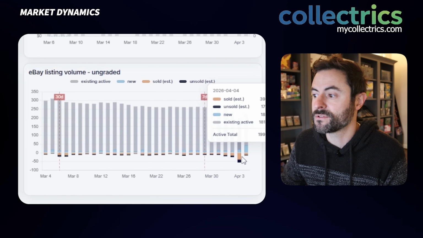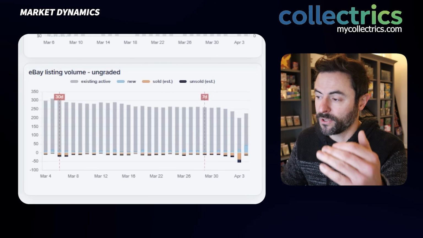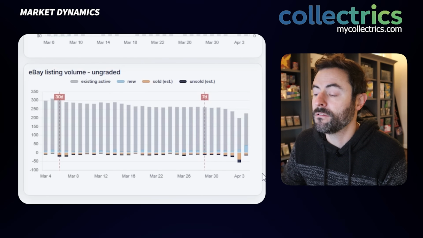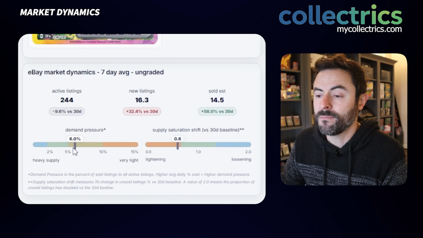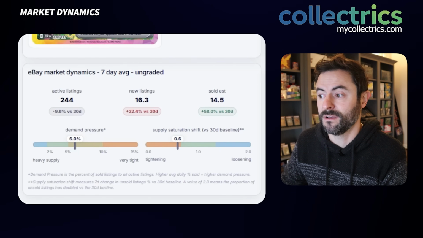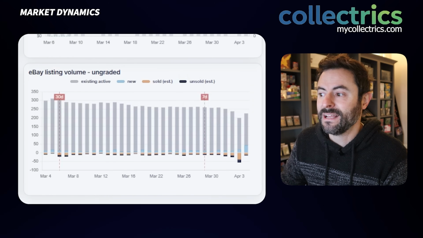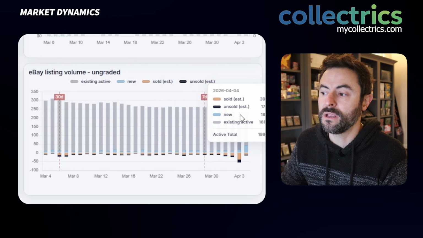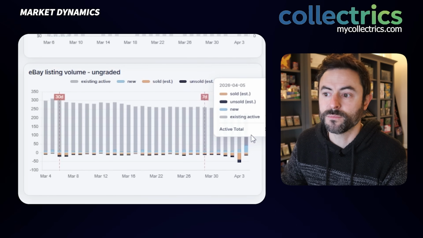So again, this sales is the sales below the line. That's pulling away from the overall listings, the sales and ended volume. So here's our demand pressure. Again, this is still lower than our Charmander in the past 7 days, just meaning that there's more supply that had already pre-existed. And so we're really just catching up now to start absorbing that supply.